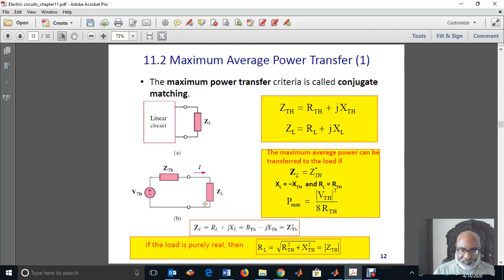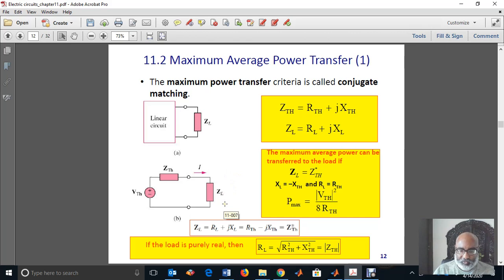After we find the voltage across the load and the current, the power delivered to the load is 1 over 2 real of V load times I conjugate, which is the current through ZL and Z Thevenin. We'll find the maximum power is equal to the absolute value of V Thevenin squared over 8 times R Thevenin.